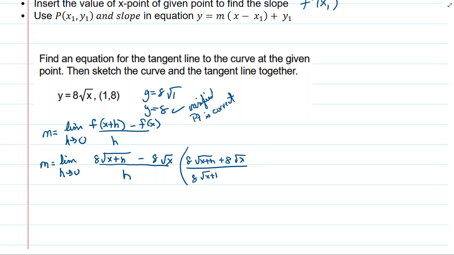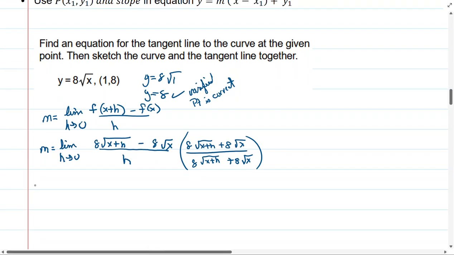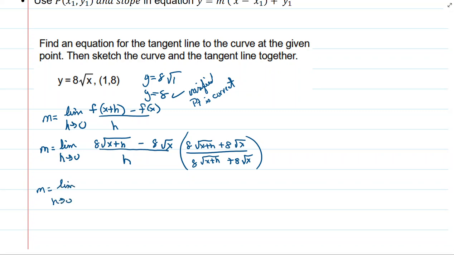If I multiply by 1, I've not altered the function, because if I multiply on the top and the bottom, it's 1. Everything is the same, just looks a little different. Is everybody comfortable with that? And when I do this math, it's going to be 64 times x plus h minus 64x.